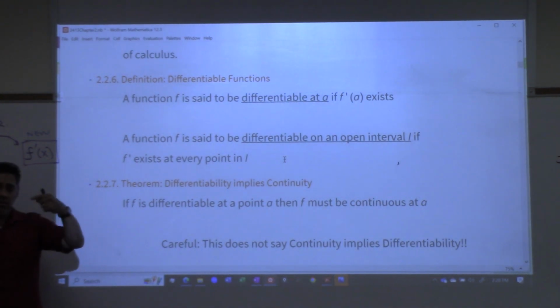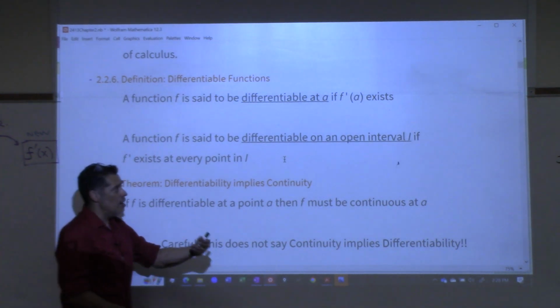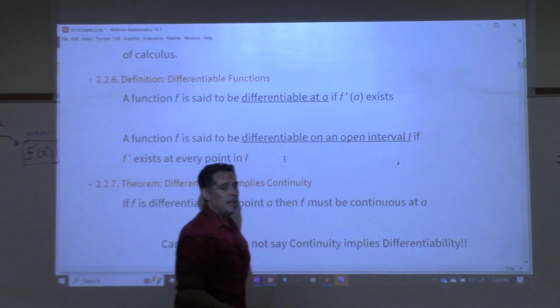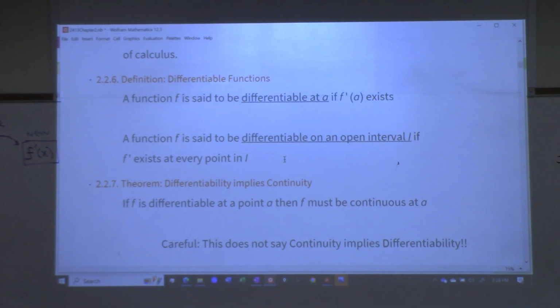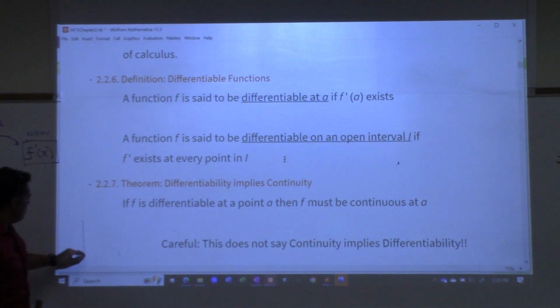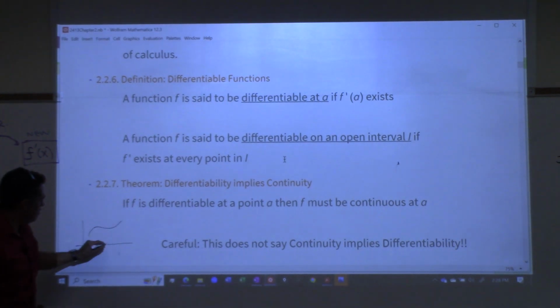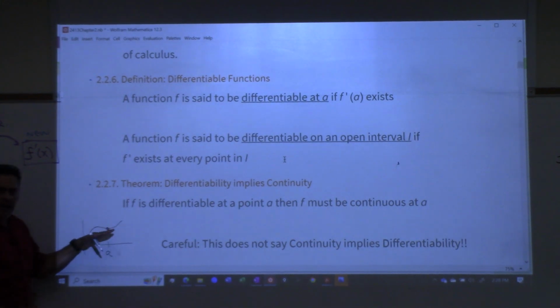So as long as the derivative exists, as long as the limit exists, then we will say that the function is differentiable at that point. So when we talk about differentiability, we're talking about some function at some point a. Does the slope of the tangent line, does that limit exist? Do we have a slope?